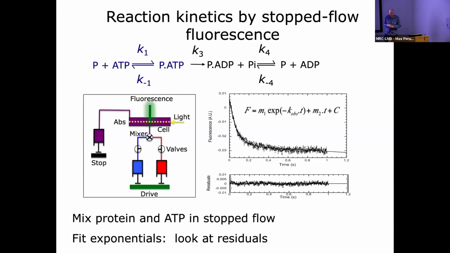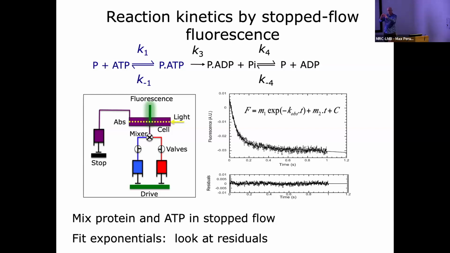Of course, you can also use fluorescence to look at pre-steady state kinetics. If you want to know the individual on and off rates, you can use stopped-flow, and we've got one here. You've got two syringes, one with protein and one with ligand, and they're driven at very high speed straight into this mixer, through into the chamber where you can do absorbance or fluorescence.